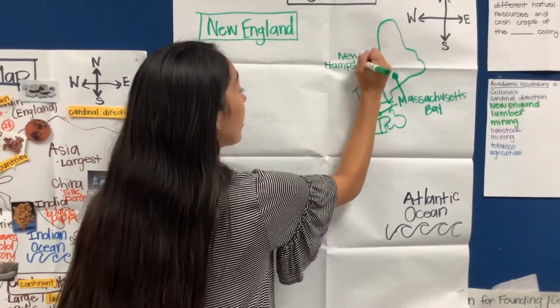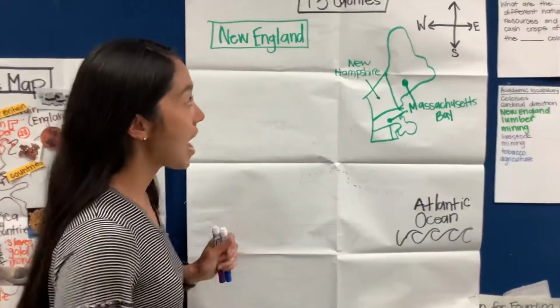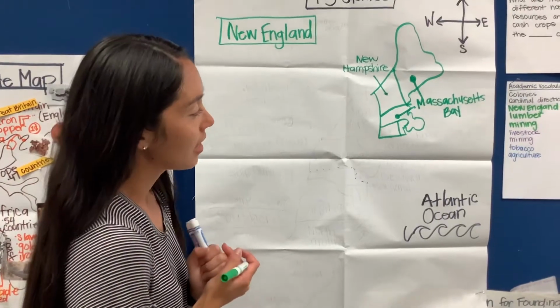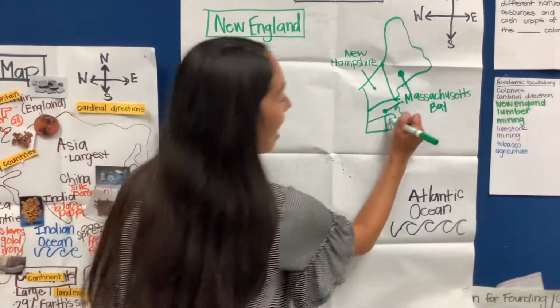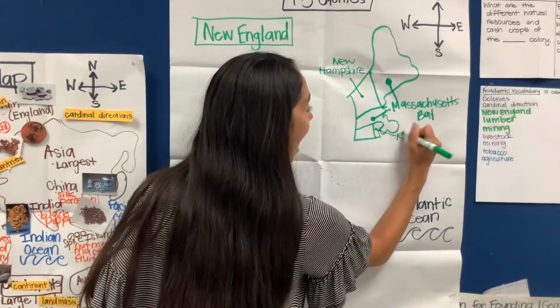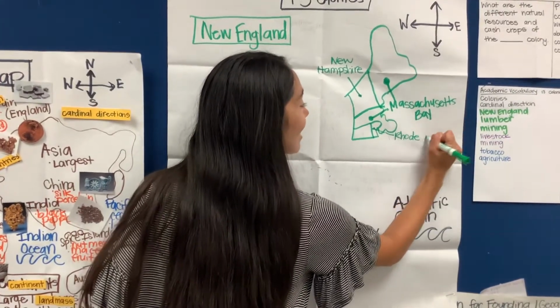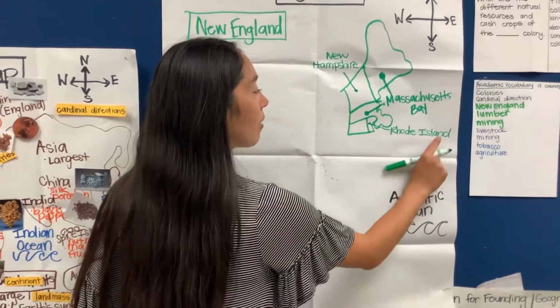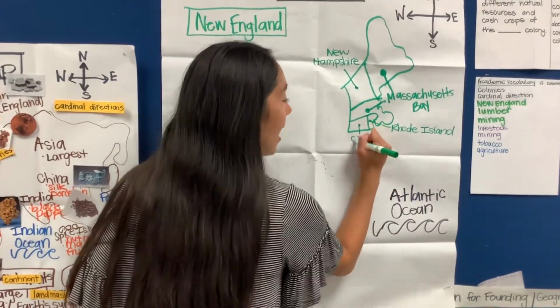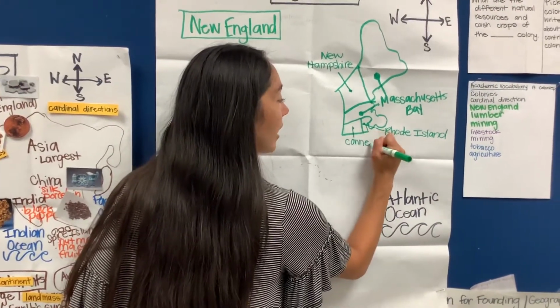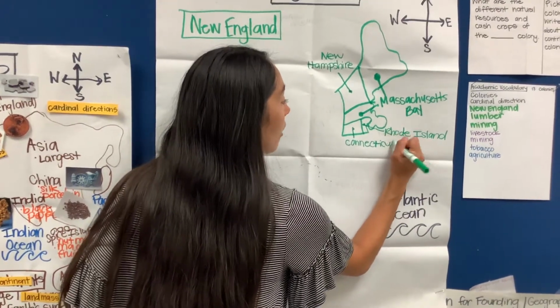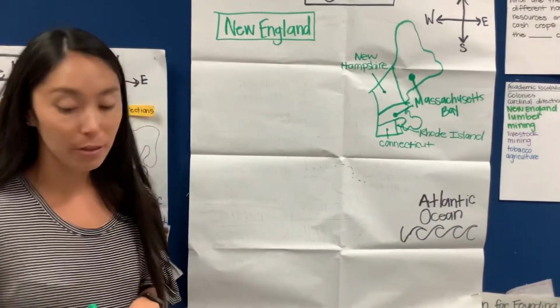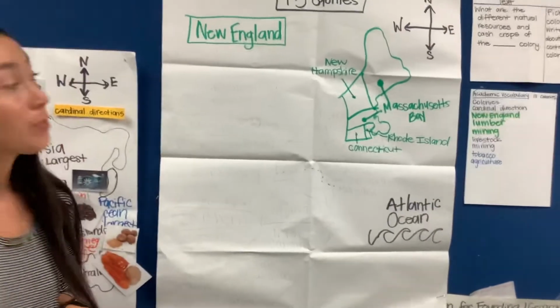Say that with me. New Hampshire colony. And I have Rhode Island, which was the smallest colony. Say Rhode Island. And the last colony in this group was Connecticut. Say that with me. Connecticut.